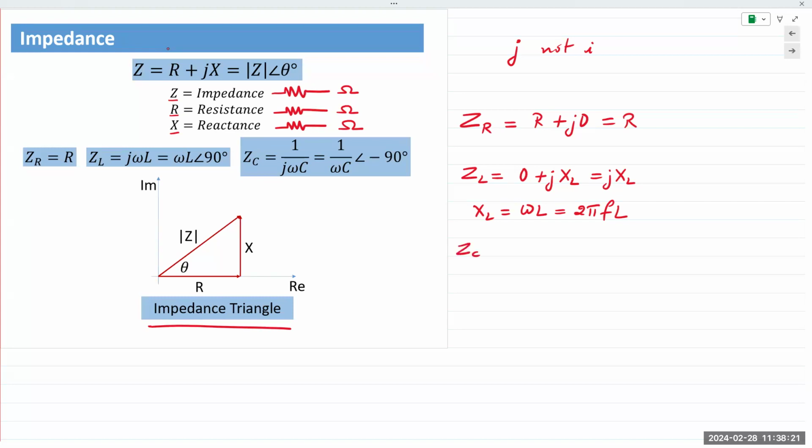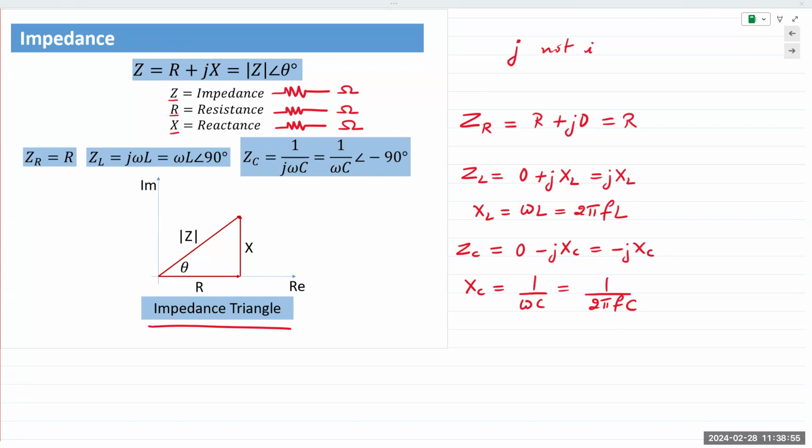For a capacitor, ZC is 0 minus J XC, or minus J XC. XC is given by 1 over omega C, and that comes out to be 1 over 2 pi FC, frequency in hertz. Okay. It is 1 over J 2 pi FC.